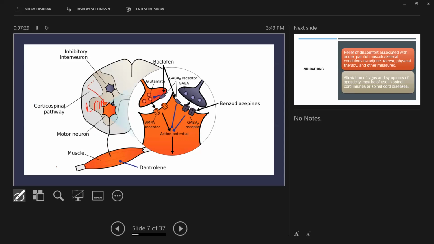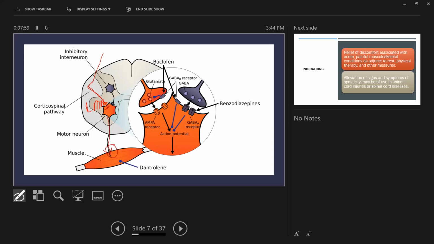The lower motor neuron connects essentially from the motor cortex to these upper motor neurons, and then it synapses to the lower motor neuron here, and then the lower motor neuron releases acetylcholine at the motor end plate here.